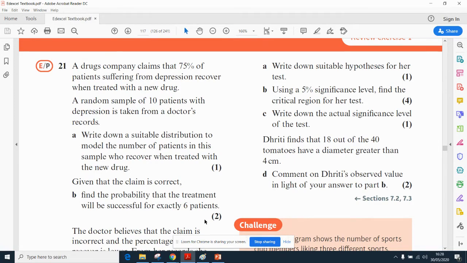Because again, it's asking for the critical region, and it's not asking whether we should accept or reject based on some information. We're going to be looking in the tables again. So if we look in the tables, we're looking at 40, and we're looking at 0.3, and we're looking at 5% significance.